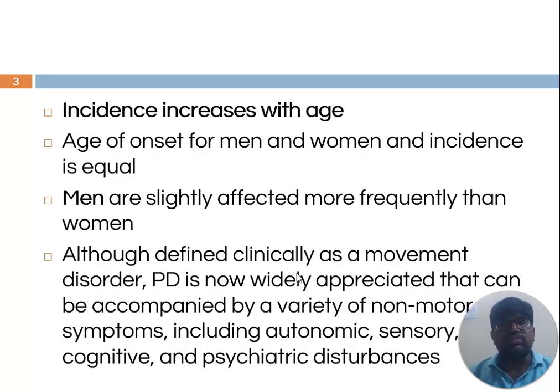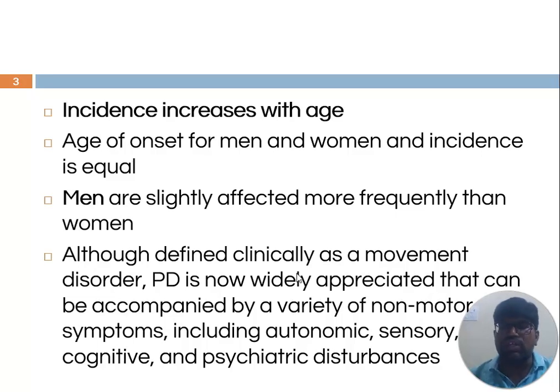And we know Parkinson's disease is clinically called a movement disorder. So here the motor activity is completely affected. That's why we see three types of manifestations. One, motor manifestations. Two, non-motor manifestations.